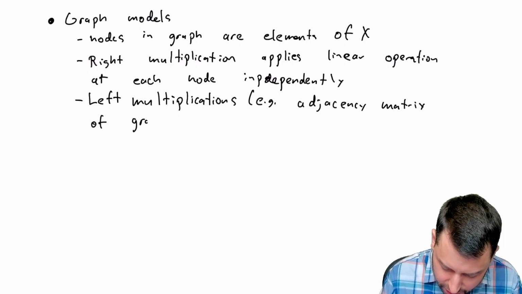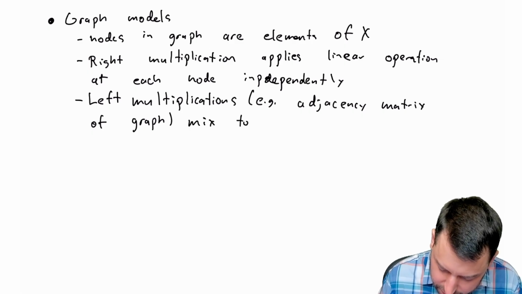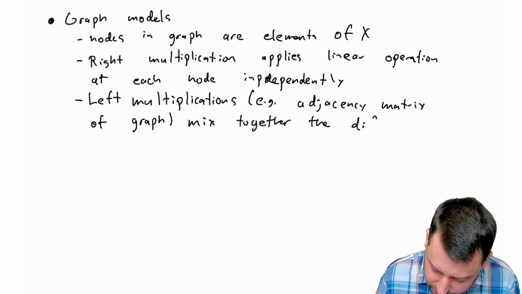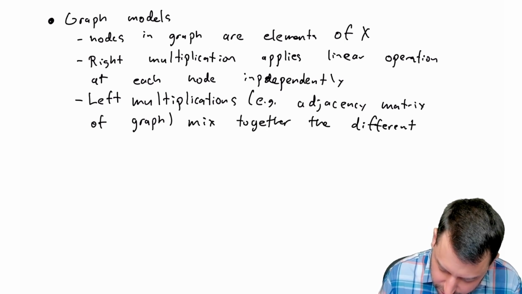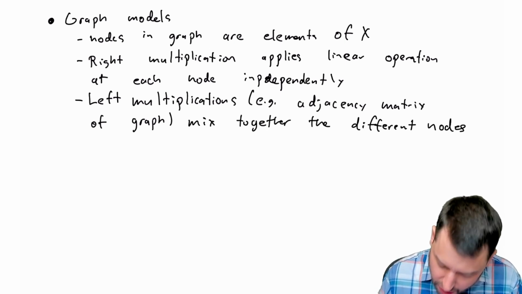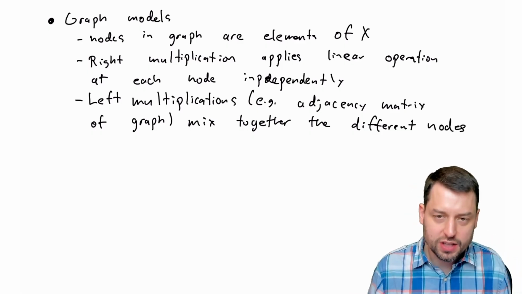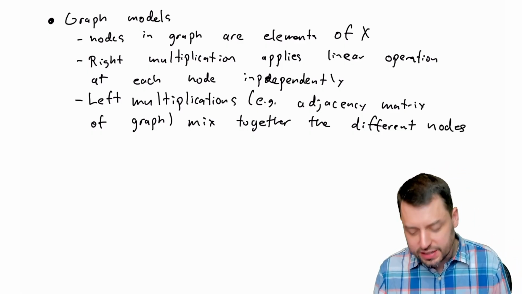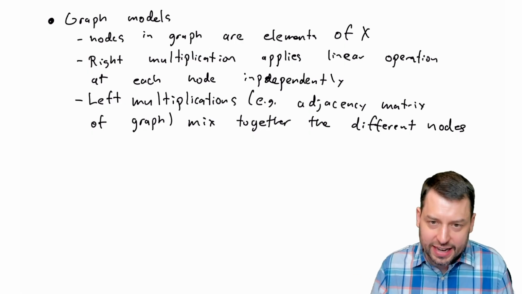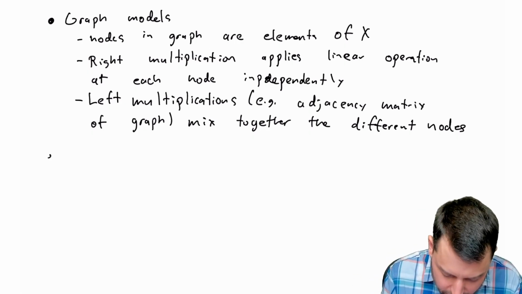They mix together the different nodes. Again, we're not going to deal with graph networks at all. I just want to emphasize that graph networks also follow this exact kind of modeling choice.